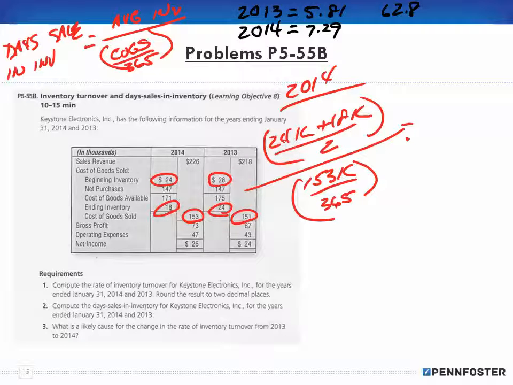So 24 and 18 is 42 divided by 2 is 21,000, and 153,000 divided by 365 is 419.18, rounded. And then when I divide 21,000 by that 419.18, I end up with 50.1 days. Okay, so that's 50.1 days. All right.